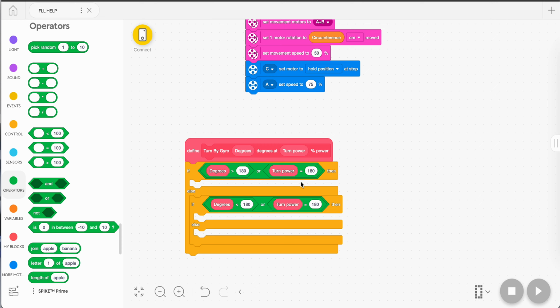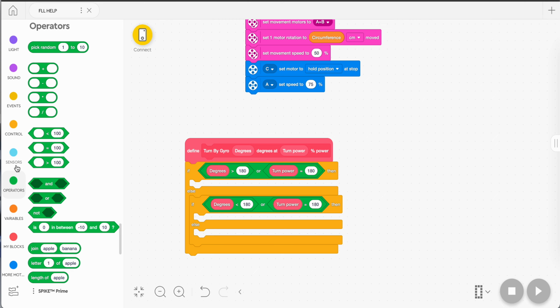Now again, this is where the recursion is going to come in, but we'll do that later. And again, same thing here. But if the degrees is less than 180, or the turn power equals 180, then we're going to do, again, recursion. But instead, we're going to skip these two and go to else.